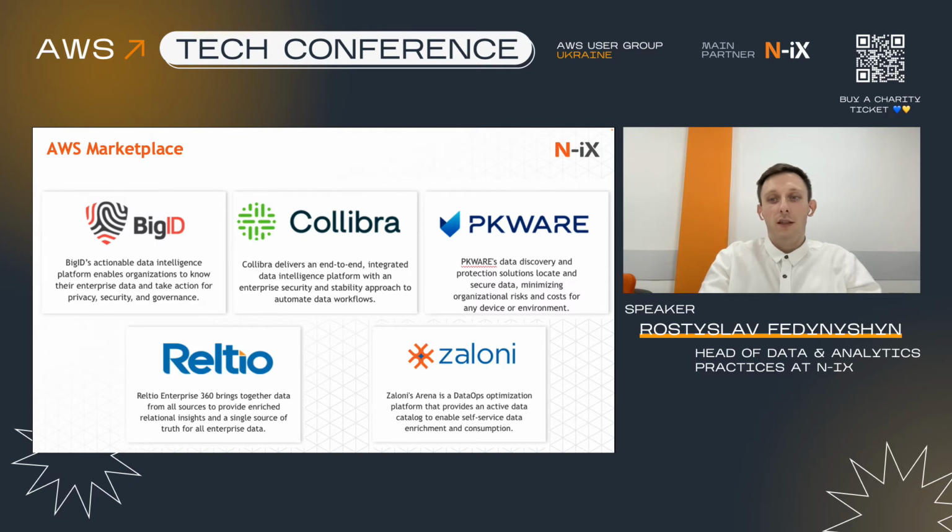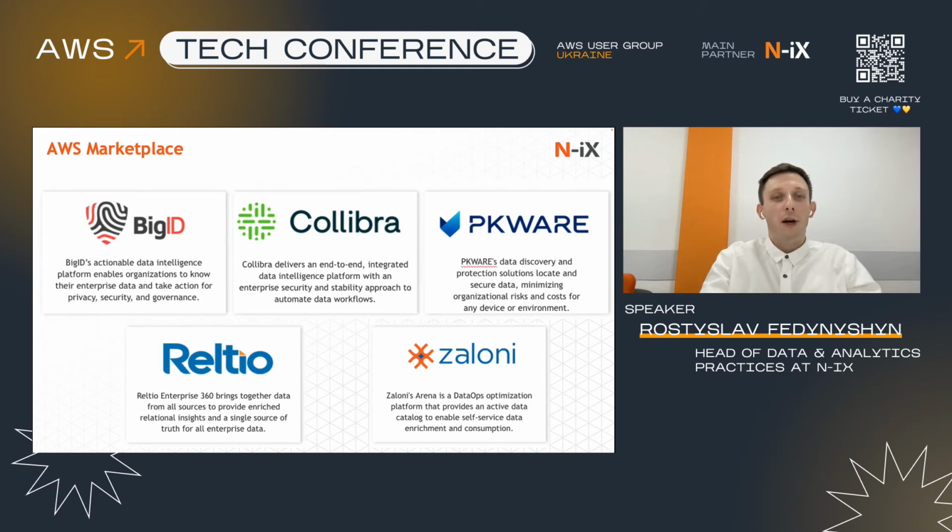That means that the data intelligence platform enables organizations to know their enterprise data. The main features are automatically discovering, cataloging, and classifying all data, identifying sensitive, personal, critical, and duplicate data, including unique identifiers and IP, managing privacy, and transforming data security.